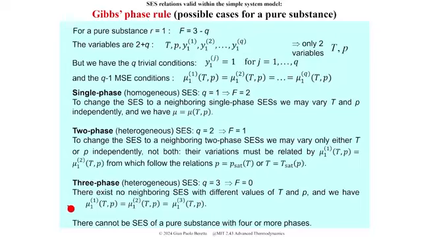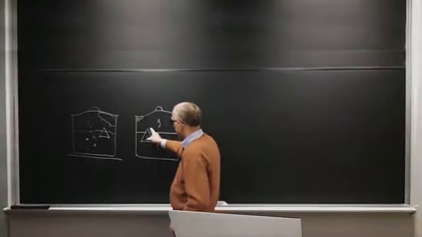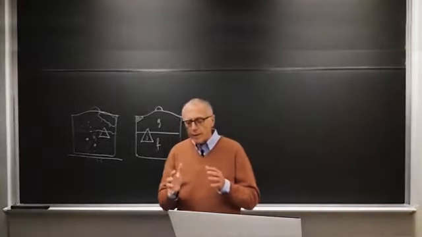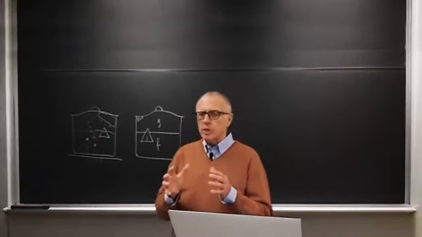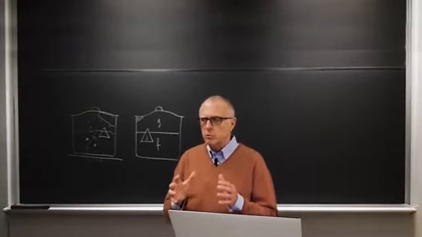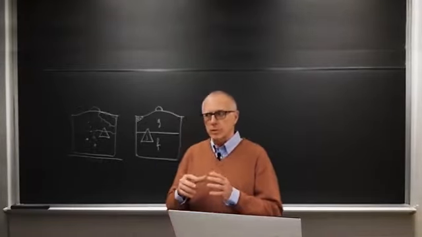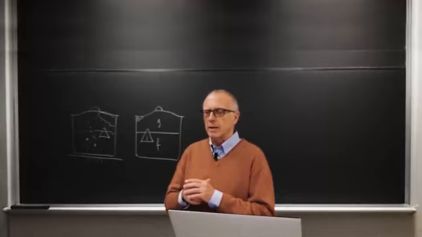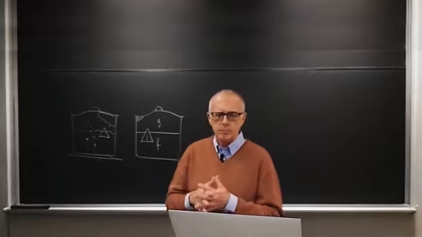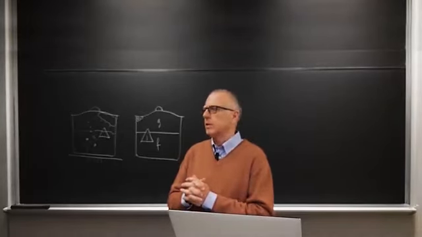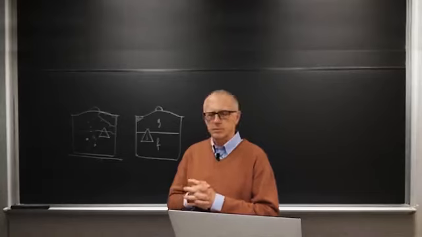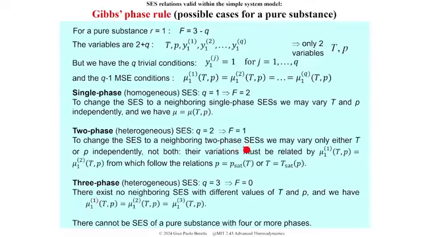If I have 3 phases, and I want to move from a stable equilibrium state with those 3 phases to another stable equilibrium state with the same 3 phases and different temperature or pressure, I cannot, because the variance is 0.